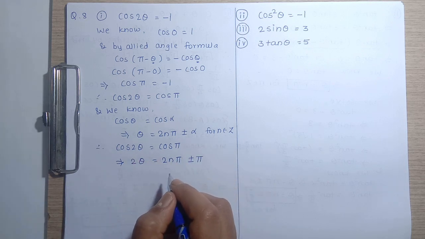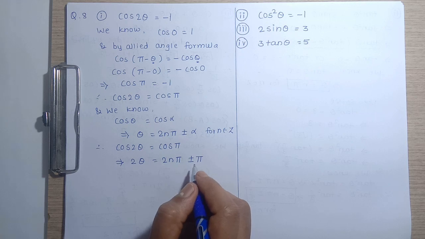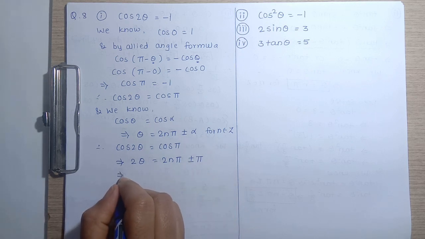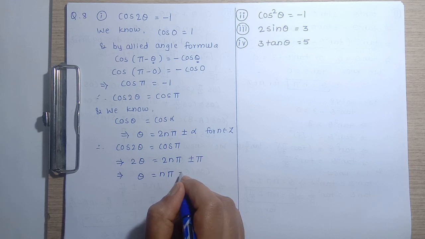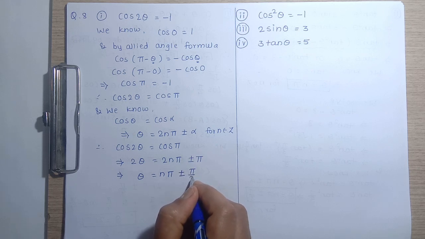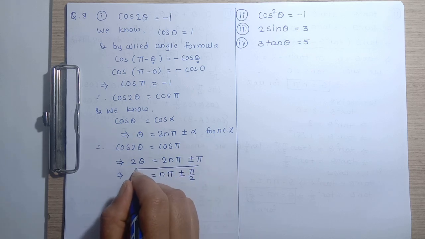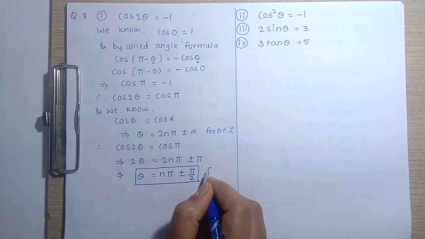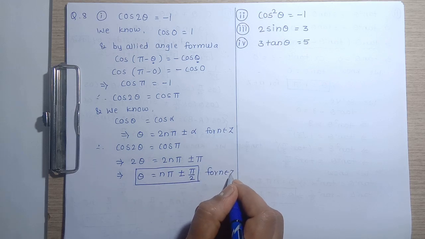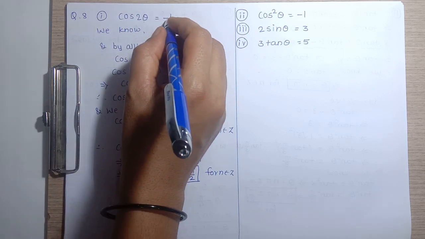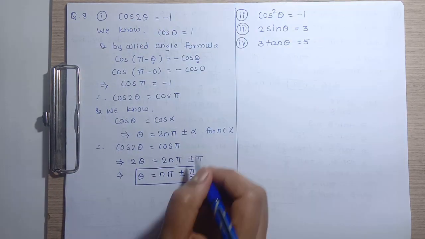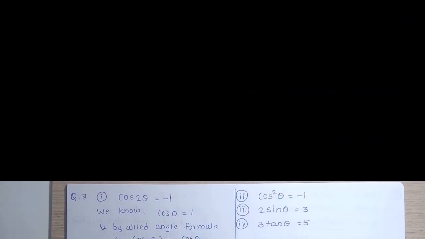If we divide 2 on both sides, here we get theta is equal to, that 2 gets cancelled, n pi plus or minus pi by 2 for n belongs to z. In that way, cos 2 theta is equal to -1. This equation has a solution.